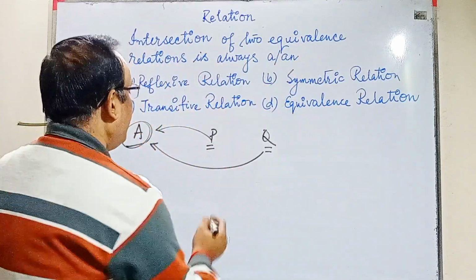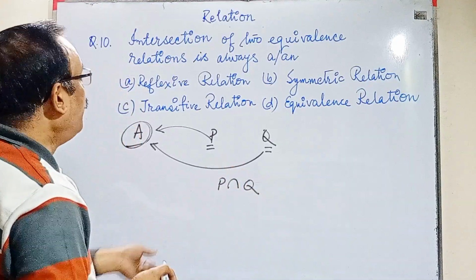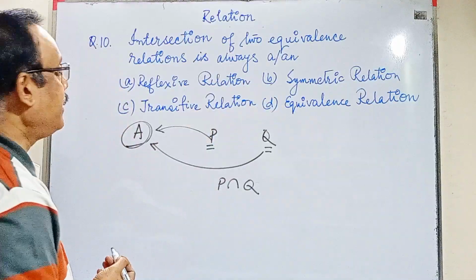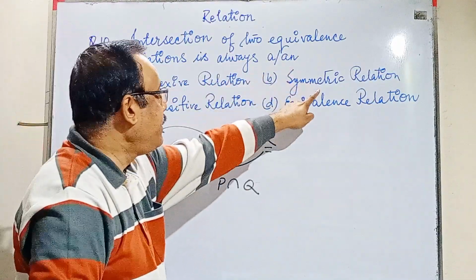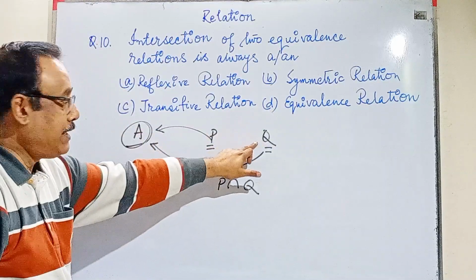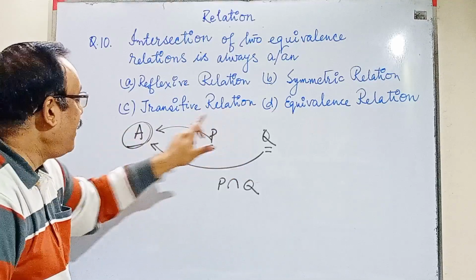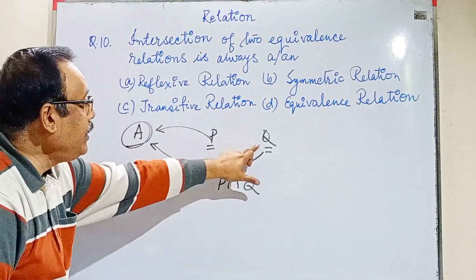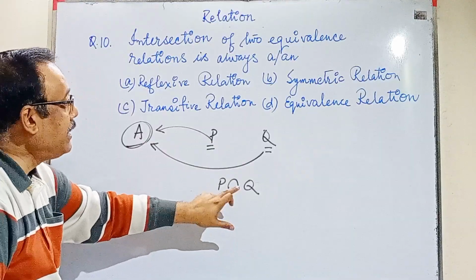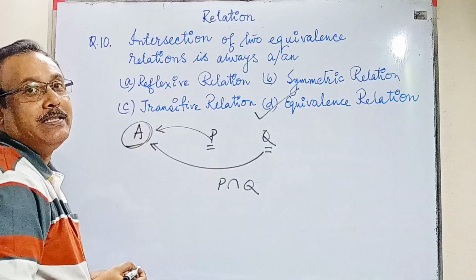Consider the intersection of these two, that means P intersection Q. You have to prove what type of relation P intersection Q will be: reflexive, symmetric, transitive, or equivalence. P is an equivalence relation on A, and Q is also an equivalence relation on A. The intersection of these two, P intersection Q, will be an equivalence relation.